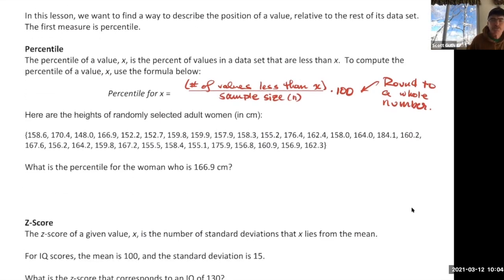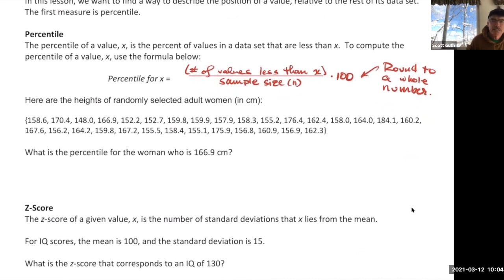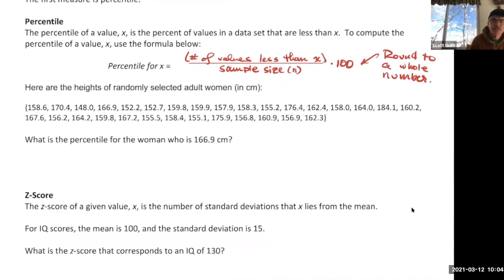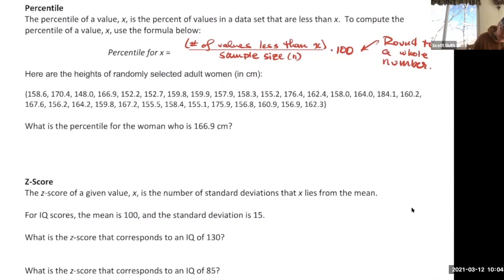All right, so you've seen this data set a few times at this point. These are heights of randomly selected adult women in centimeters, and it's asking for the percentile of the woman who's 166.9 centimeters. I can tell these are not sorted, so let's find her.